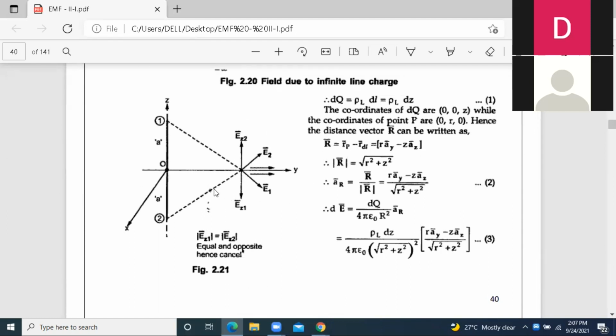You remember this problem? The electric field of an infinite line charge.